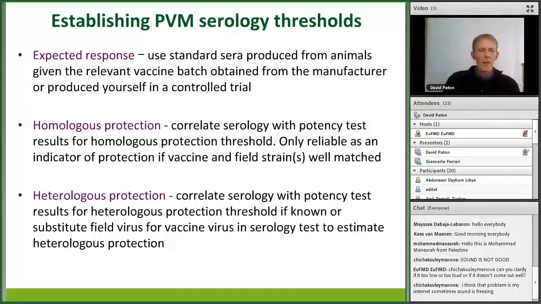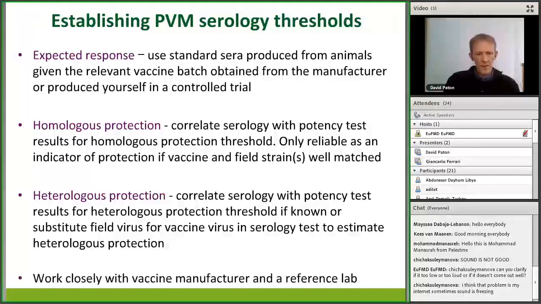If you think that's not likely to be true, then you really need to think about heterologous protection and correlating your serology with either potency results for heterologous protections, if known, but they're not usually known, or else you have to substitute field virus for vaccine virus in your serology test and try to estimate heterologous protection from that.